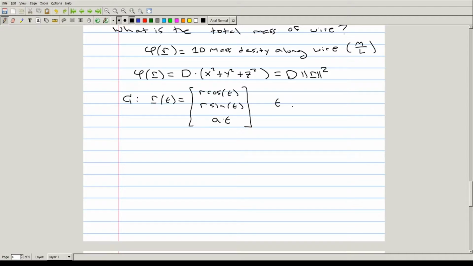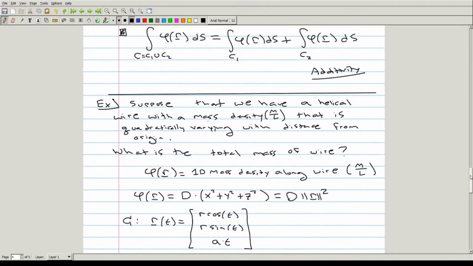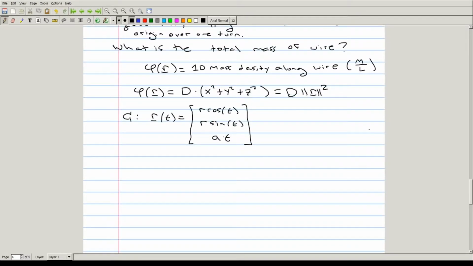And we'll also say that we do this over one turn of the helix, or for t from 0 to 2 pi. Because you could go over multiple turns, and we'll see that's as easy as changing the bounds of integration in our line integral. So we'll just do one turn, from 0 to 2 pi.